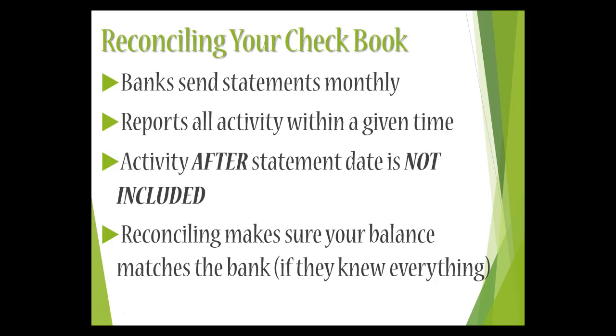See if the answer you get from the statement and all those extra activities equals the amount that you currently have in your checkbook. If they are the same, then your checkbook has been reconciled, which means you and the bank both agree on how much money you actually have.